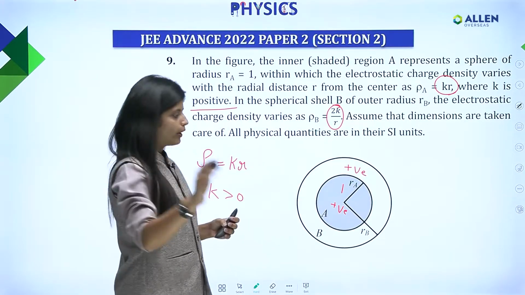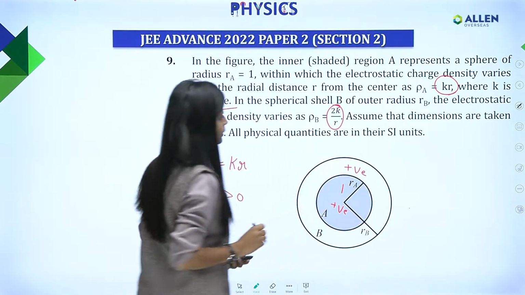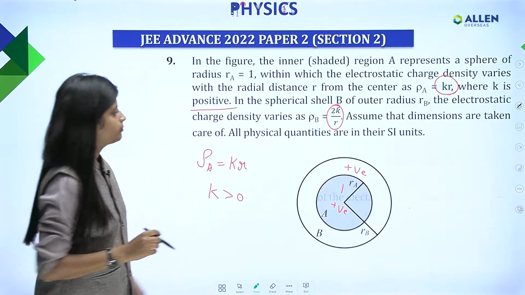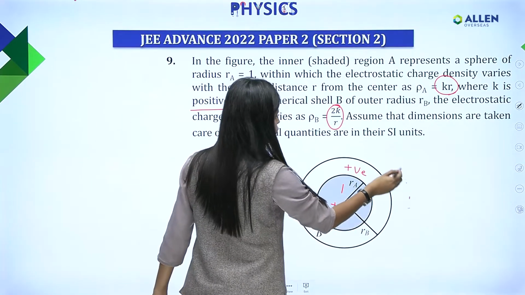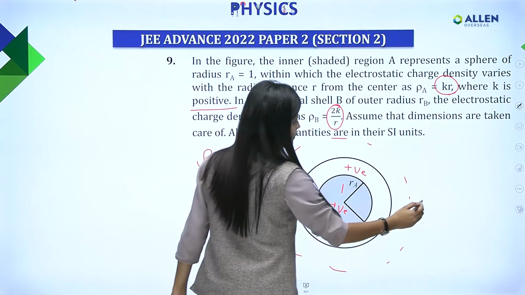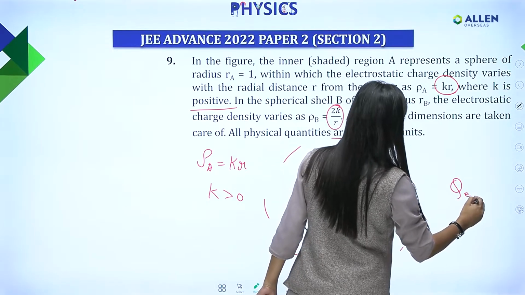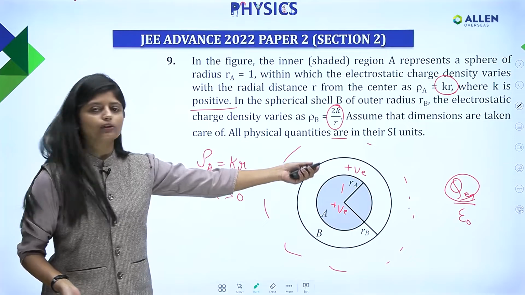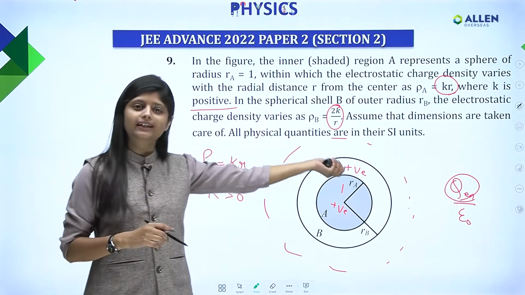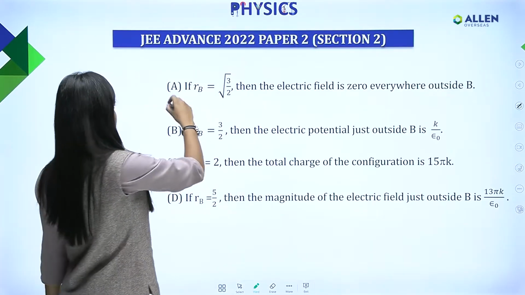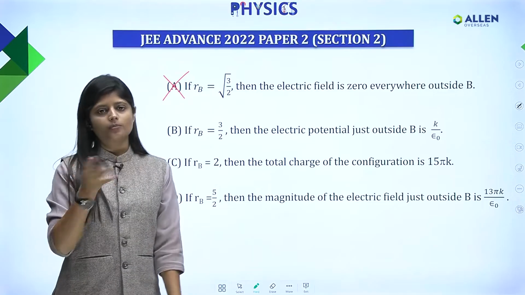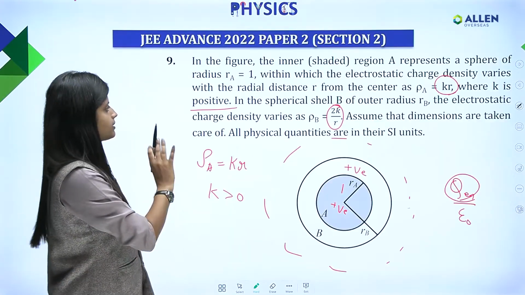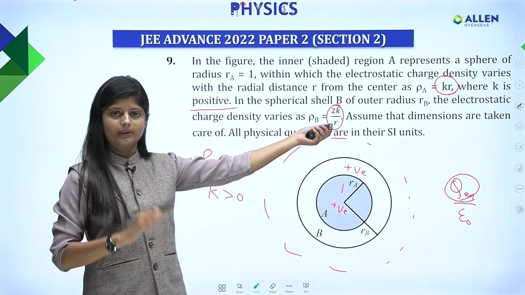Whatever point you take outside B, if you draw the Gaussian surface, you will find that Q enclosed by epsilon naught is never going to be 0. This is positive because K is greater than 0. So you don't even need to solve anything and you can say that option A is wrong, just by noticing that K is positive.